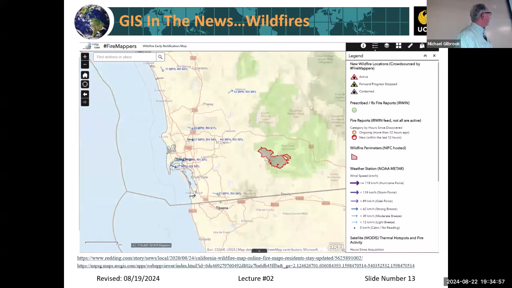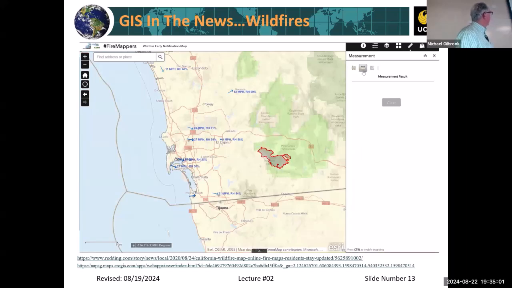We can measure using the measure tool up at the top. Pull the measure tool and see how far it is from San Diego. It looks like it's 27 miles, so other than smoke, probably not a big deal.